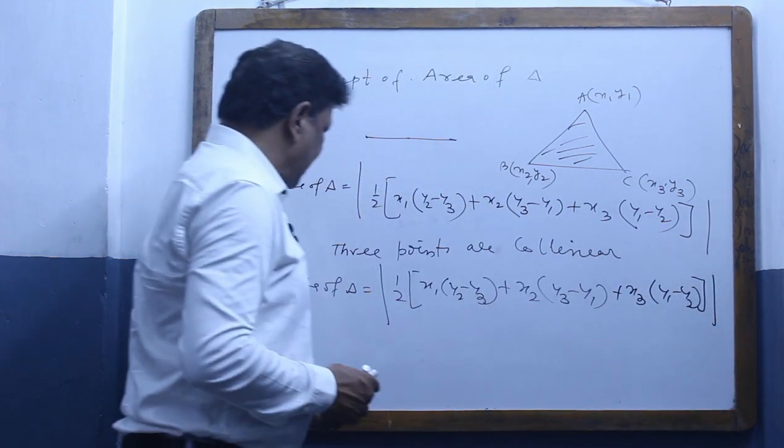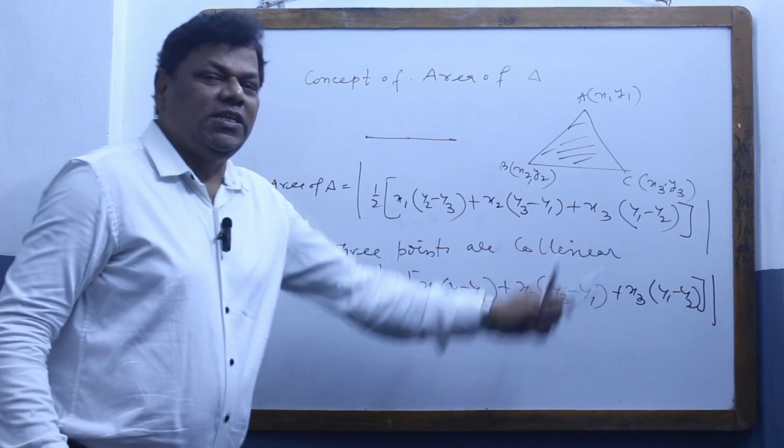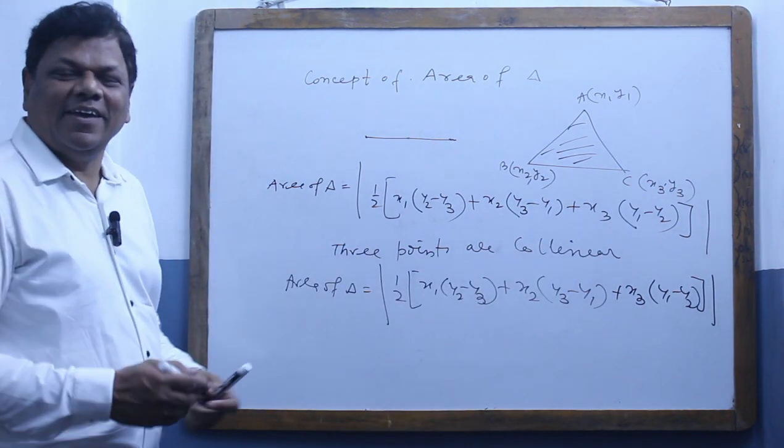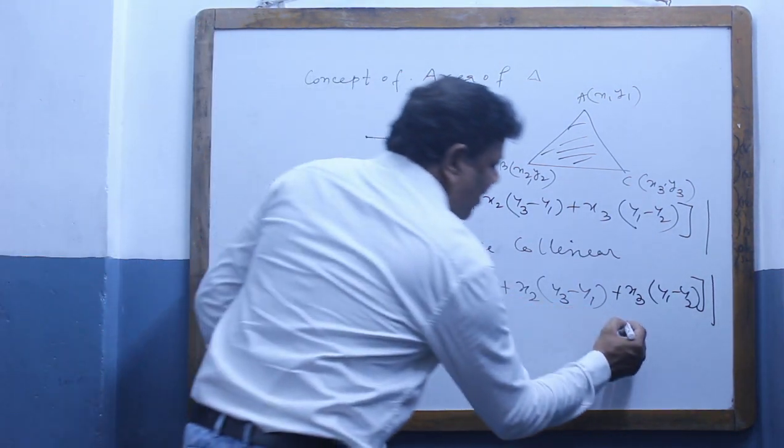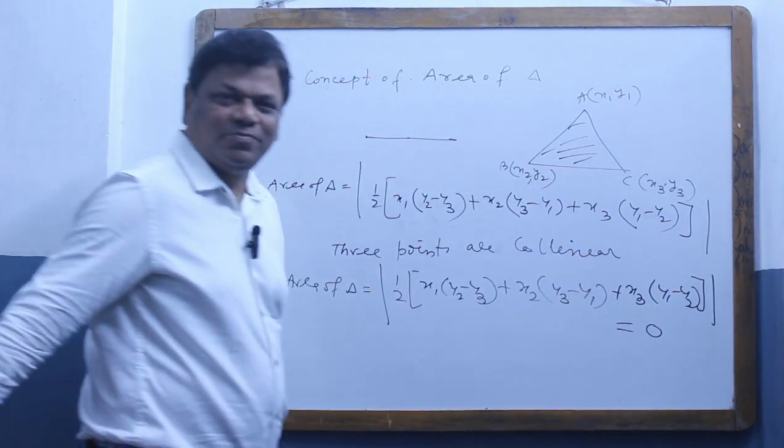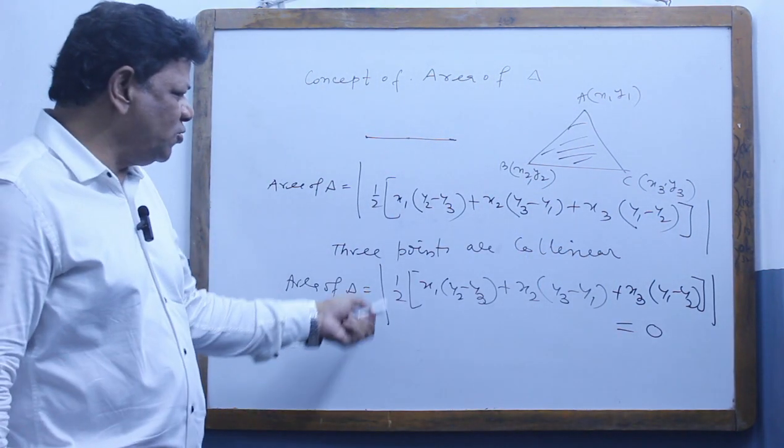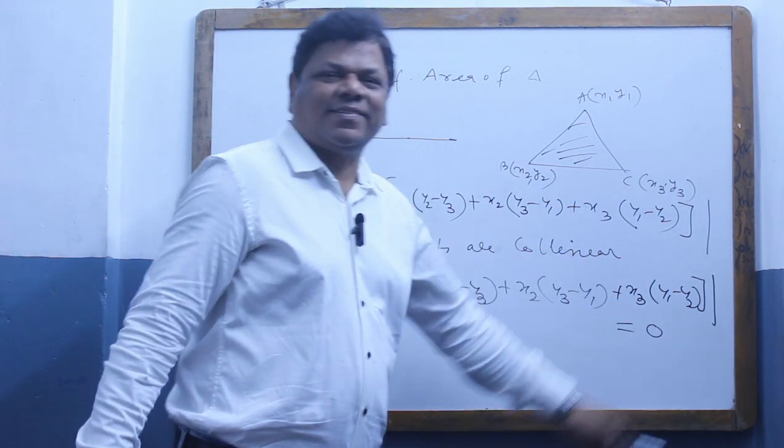Now see, if 3 points are collinear, what is the area? Area will come nothing. So area equal to 0. Clear children? Area equal to 0. This half I will transfer that side.